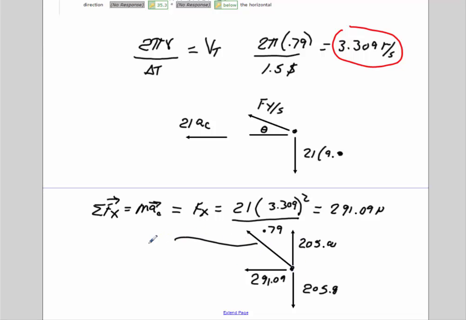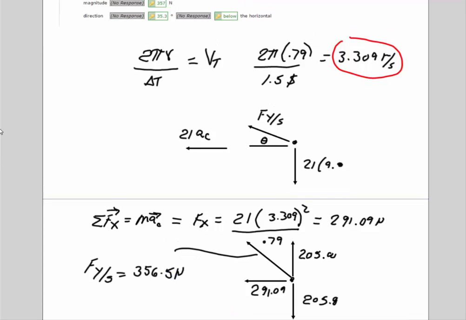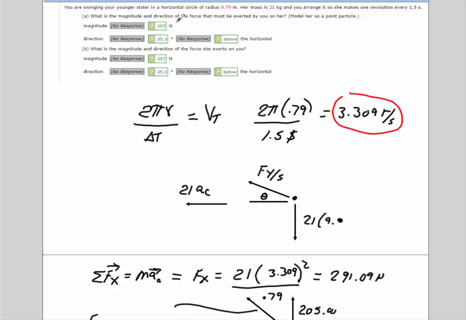So we can find out what this force is by using the Pythagorean theorem, and the force that you put on your sister is going to equal the square root of 205.8 squared plus 291.09 squared, and that's going to give us a value of 356.5 newtons here. Go back and just double check that, and this is where this value here is coming from.